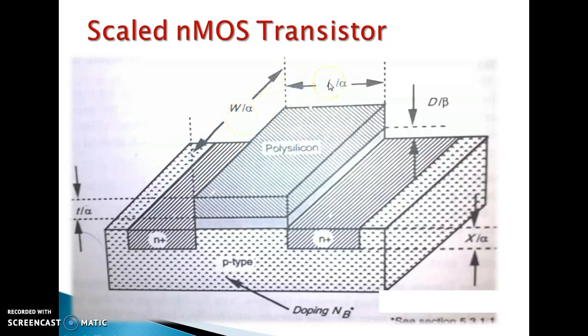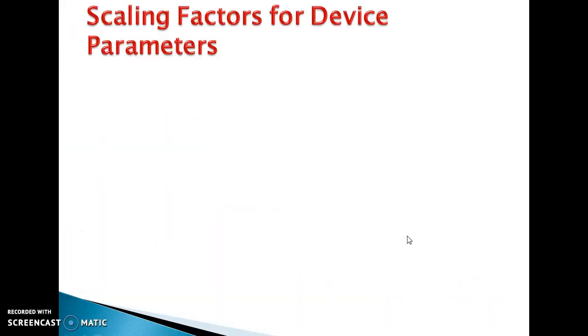Here the length and width are reduced by alpha, whereas the thickness is going to be reduced by beta. So this is reduced by beta and all these dimensions are reduced by alpha.